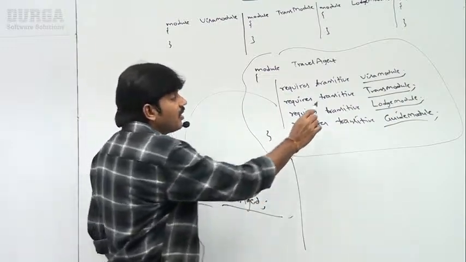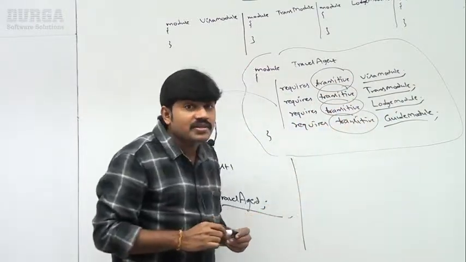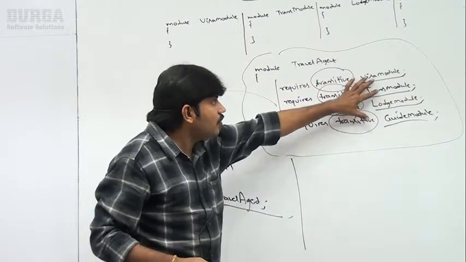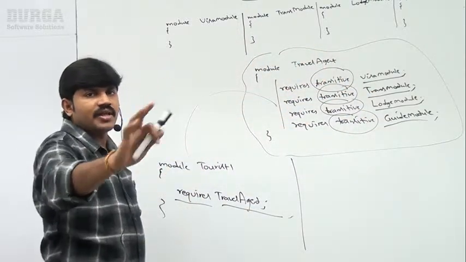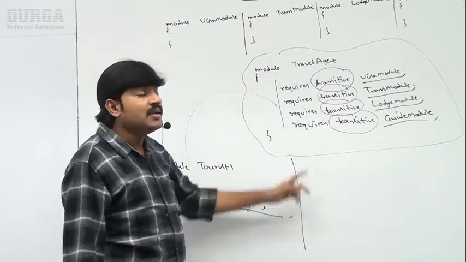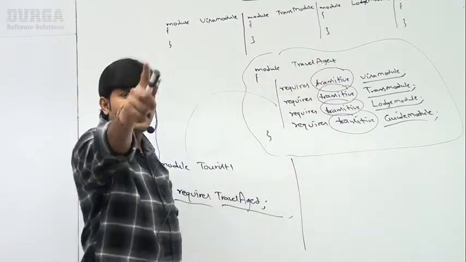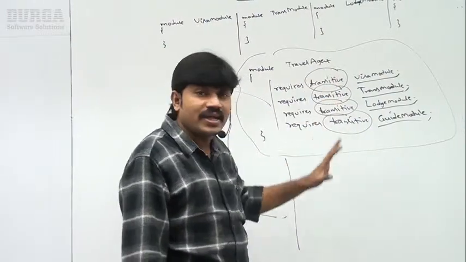Yes, because of which keyword? The transitive keyword. Observe that. Because of the transitive keyword, all these modules are available to this 2:1. We are not required to take care of visa separately, or trans module separately. This travel agent is responsible to provide the functionality of all these modules to the next-level person.